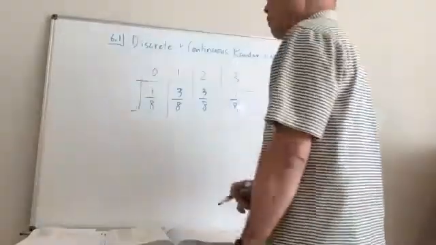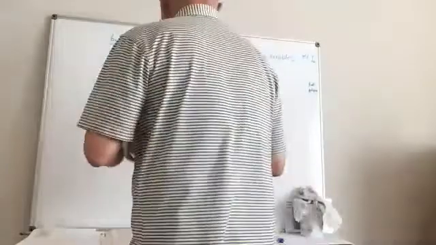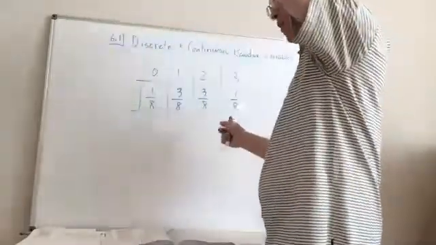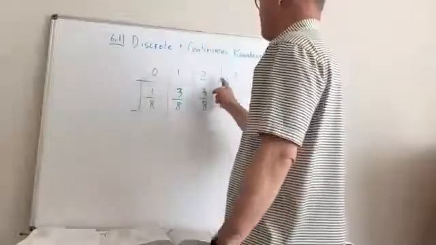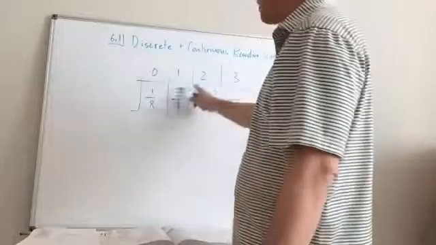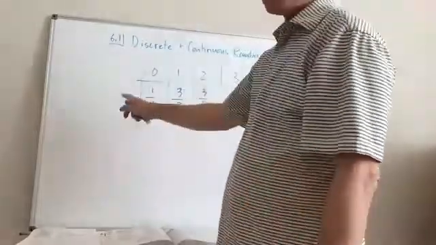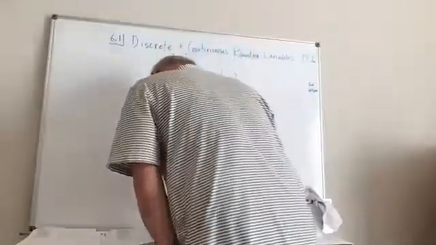So this is your probability distribution. Nothing fancy. So what needs to happen here? You have to make sure you have all of the possibilities, and you also have to add these to be 1. They all have to add to 1 for it to be a probability distribution.